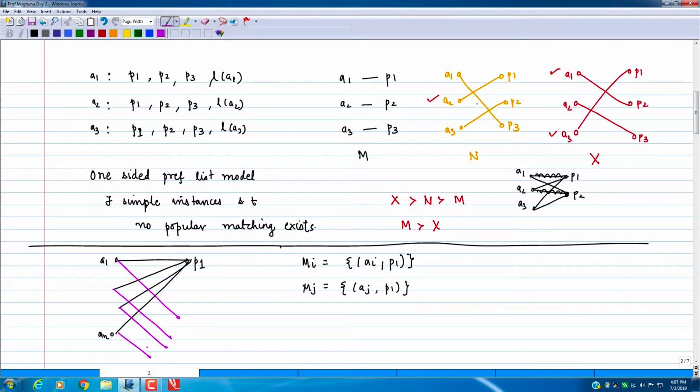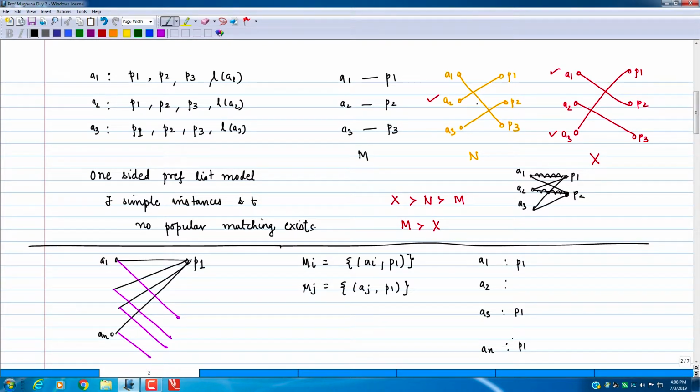What does our algorithm tell us to do for this instance? We will convert the instance and write it with the pre-processing: A1, A2, A3 up to AN. Everybody has P1 given as its top choice.